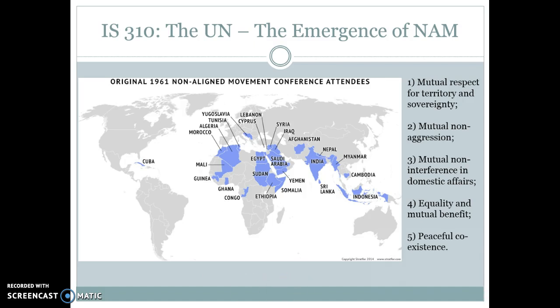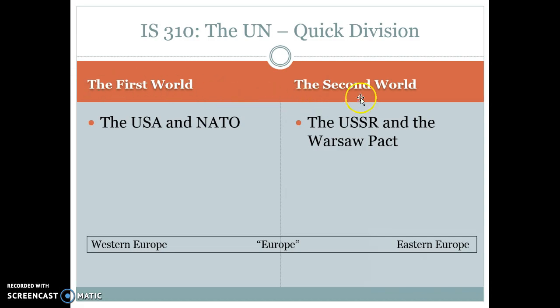So let's go back to that slide again here. So in this banner across the top, I have the first world written and the second world written. You've probably heard of the phrase third world to refer to poorer developing countries. The origin of the phrase refers back to the Cold War era polarization between pro-US allied states and pro-USSR allied states as a first world and a second world.